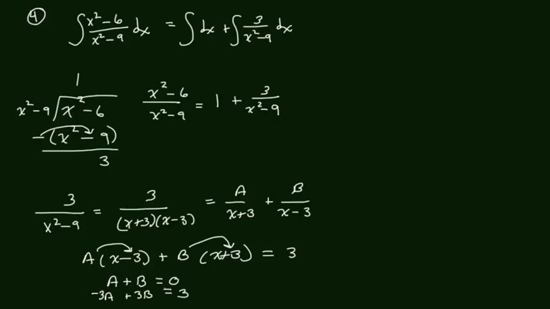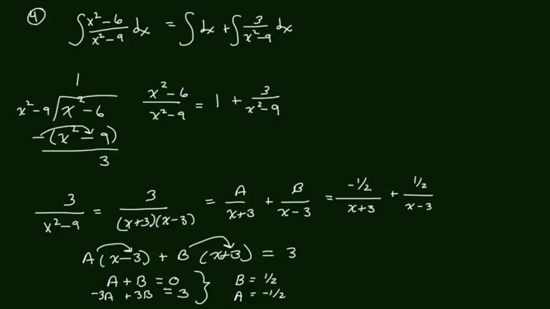And that system will solve to find values of b to be 1/2 and the value of a to be negative 1/2. So it looks like this: negative 1/2 over x plus 3 plus 1/2 over x minus 3, like that.